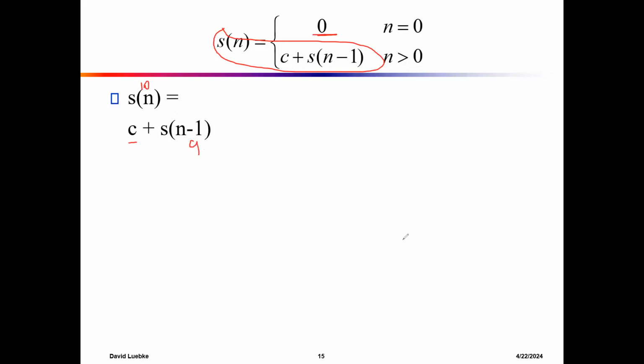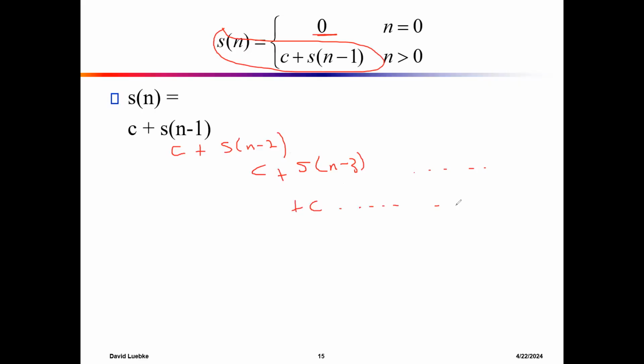What form will this take? It will be the same thing. This part will follow the same form because it's recurrent. So this will be C plus S of n minus 2. And this will be C plus S of n minus 3. And we'll keep taking away 1, and we'll keep adding C's.